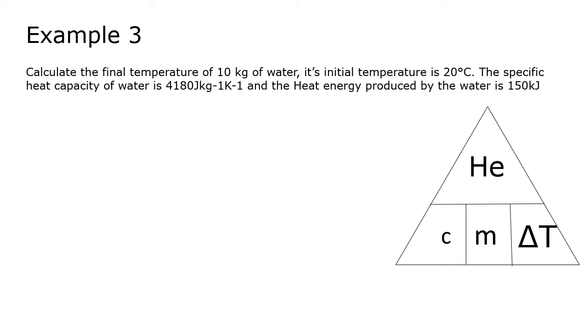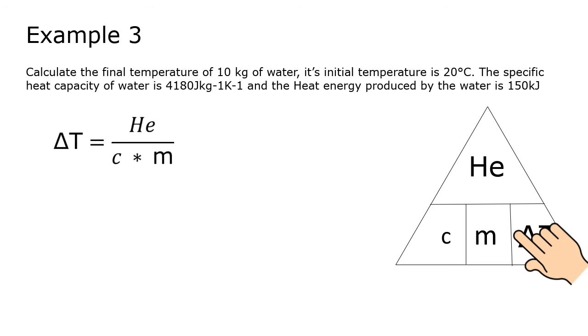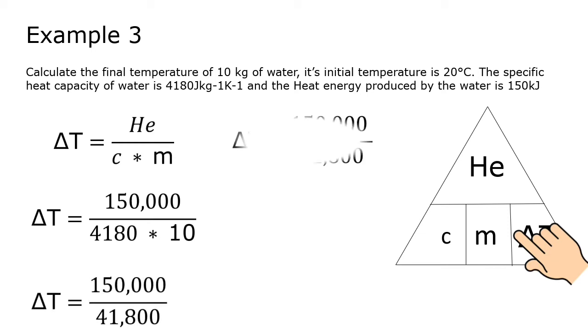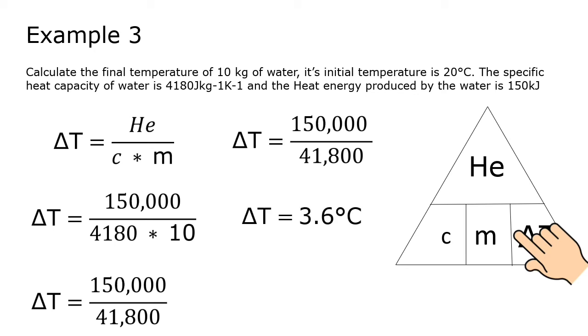I've just kept them all the same as water because it's most likely the one you'll be given in an exam. So let's find the change in temperature. I'm going to cover that up. So our formula will be heat energy divided by C multiplied by M. And then we've been given that. So 150 divided by that, again working out our bottom value.